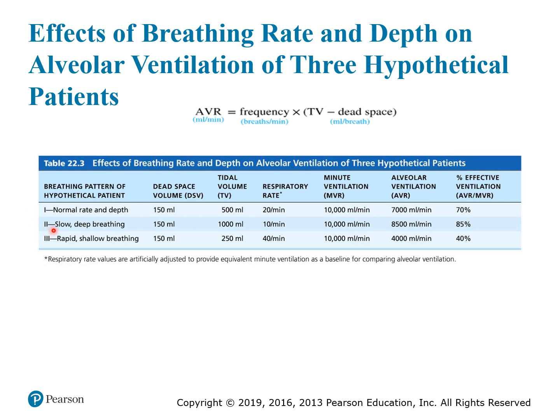Now if someone is taking slow deep breaths, it means the respiratory rate is decreased. This is 10 per minute, and then the tidal volume has increased because with deep breathing, that person is inspiring and expiring more than the tidal volume. So let's take this value to be 1000 and it comes to be 8500 ml per minute, the AVR.